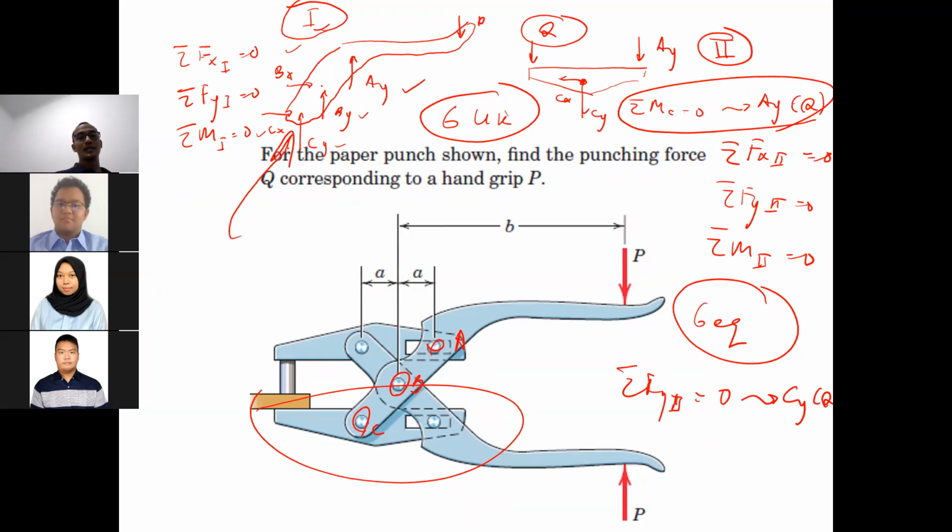Cy will be in terms of Q, and Ay will be in terms of Q as well. So at the end, in the first free body diagram, we have 3 unknowns: Q, Px, Py, and we can solve it. Do you get it, Raditya?